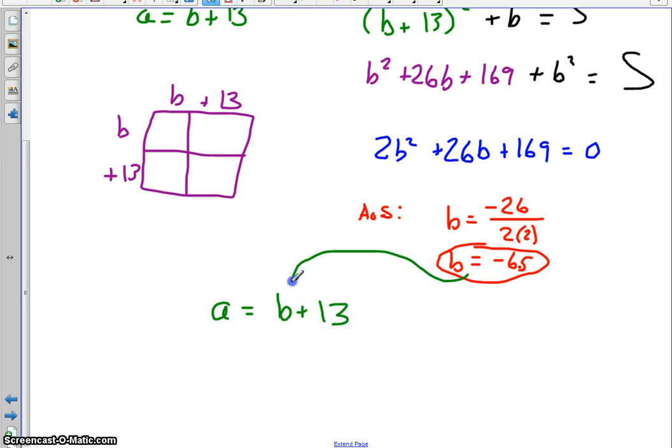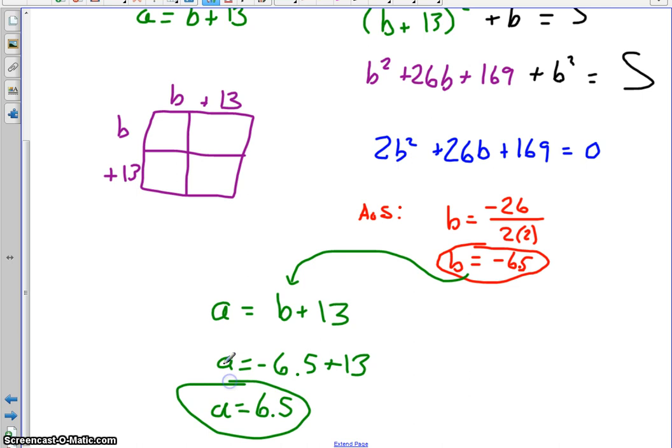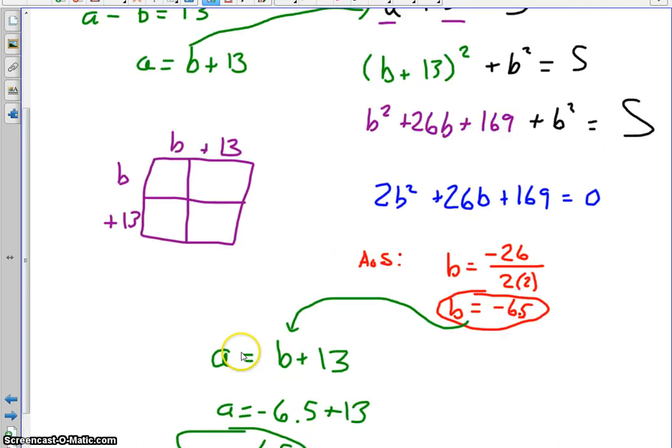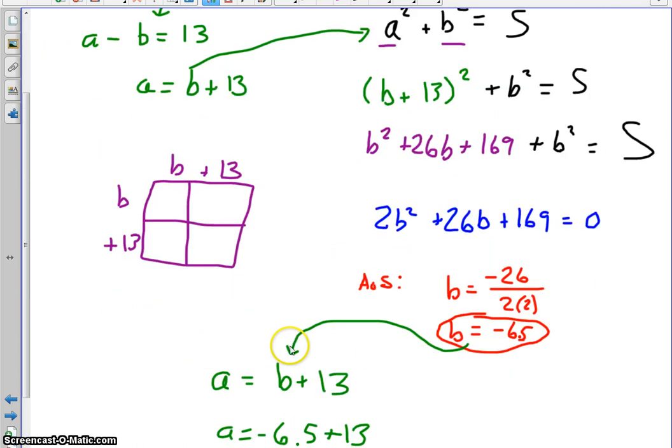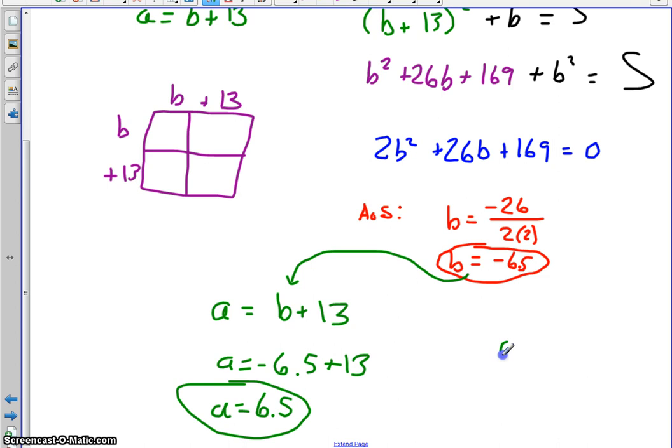So we're going to put our negative 6.5 in the equation for b, which then, when we finish simplifying that, gives you a is equal to positive 6.5. Okay, so which two numbers that are 13 apart from each other give you a minimum when you add the squares together? Well, it's going to be a is equal to positive 6.5, and b is equal to negative 6.5.